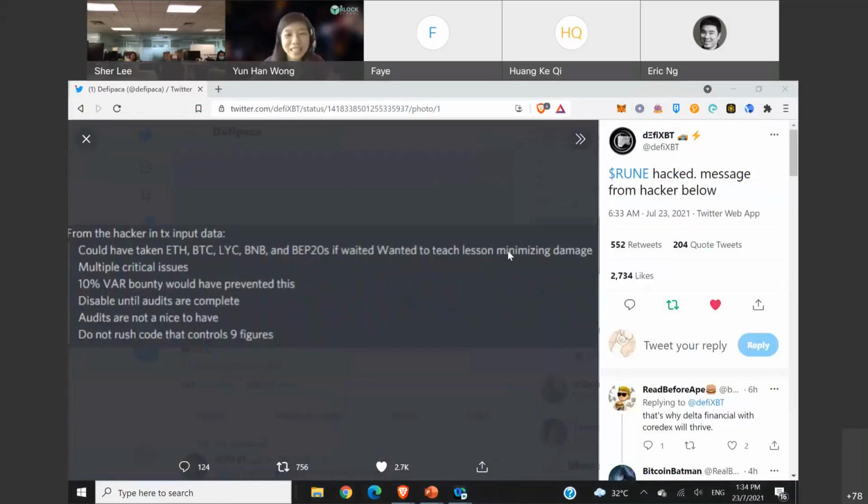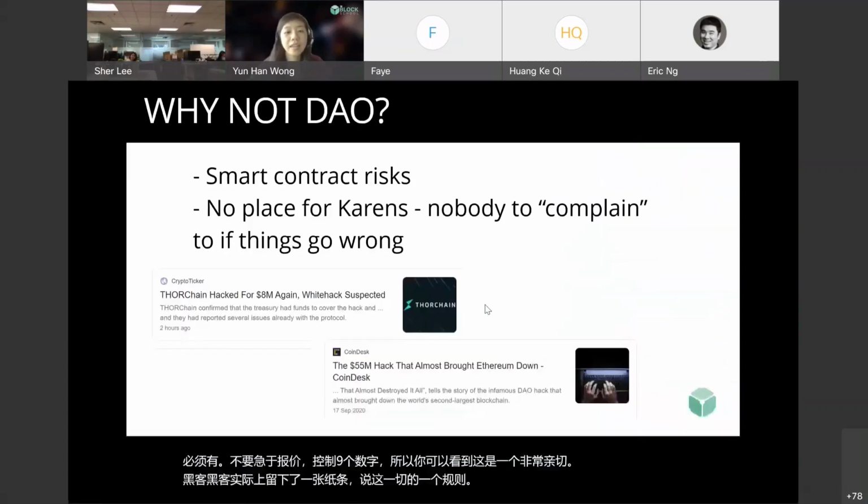Wanted to teach a lesson, minimize damage, multiple critical issues. 10% bounty, I think it's a code bug bounty, would have prevented this. Disable until audits are complete. Audits are not a nice to have, it is a must have. Do not rush code that controls 9 figures. So you can see this is a very kind hacker. The hacker actually left a note saying all this to warn Rune, to tell Rune that their protocol is full of bugs. All right, so this is a very key issue as well.